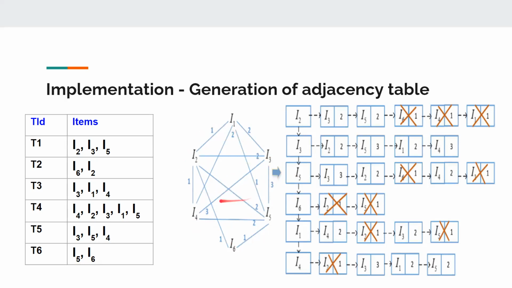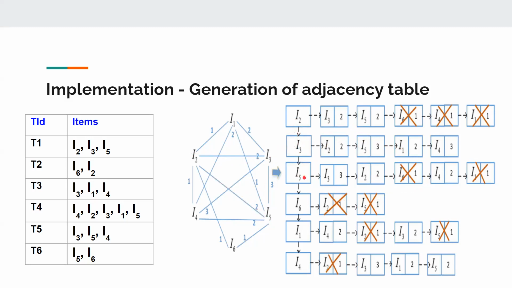Once this graph is completed, the weight of the final edge is the association frequency. Then from this, we can create an adjacency table. You can see I2 is connected to I3 with the weight 2. I5 is connected to I2 with the weight 2.